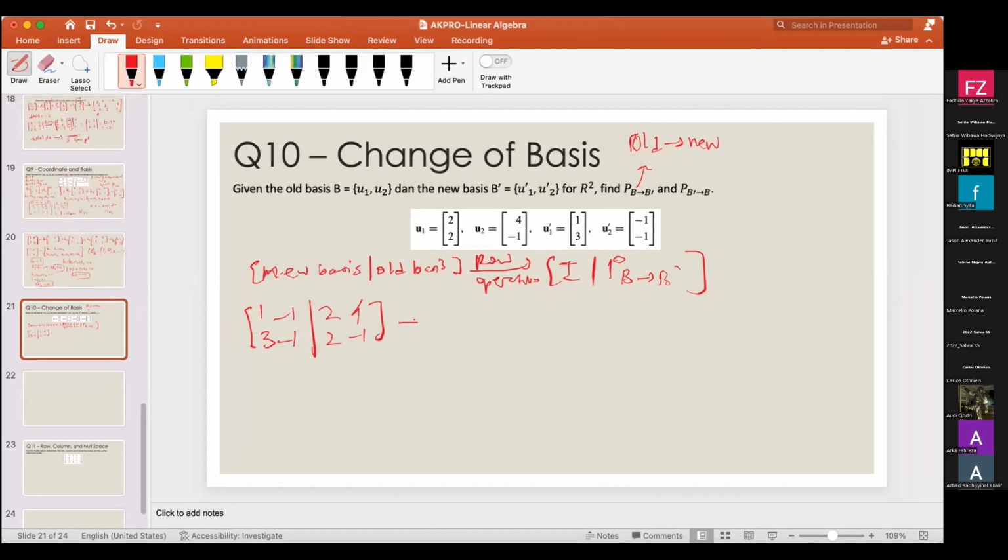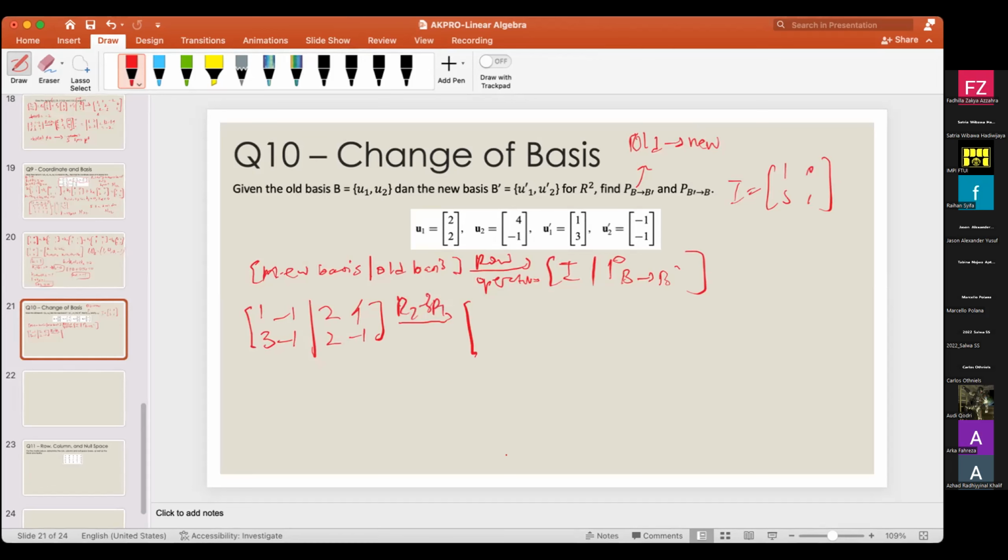So now we're going to convert this into the identity matrix, which is 1, 0, 0, 1 in this case. Okay, so let's say R2 minus 3R1.